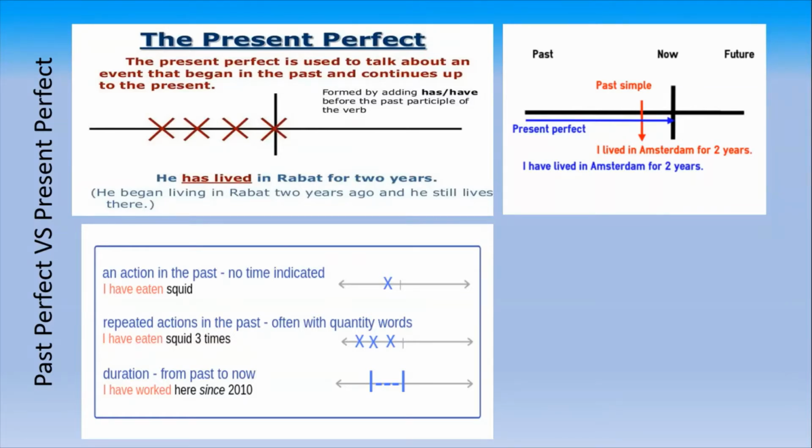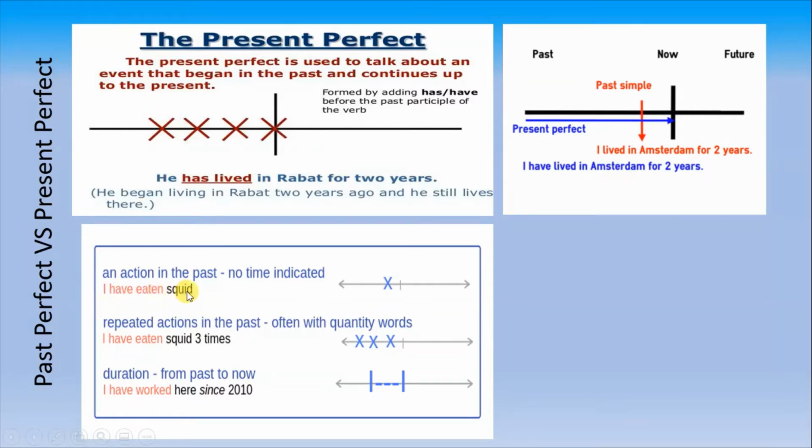Also, we can see here there are three conditions. Maybe this action can happen in the past, started in the past, and there's no indicated time. The time is unknown. Example: I have eaten squid.